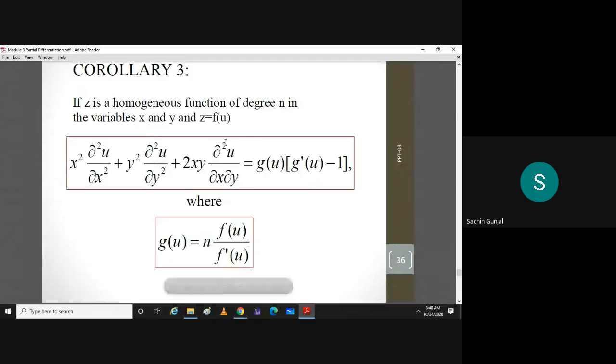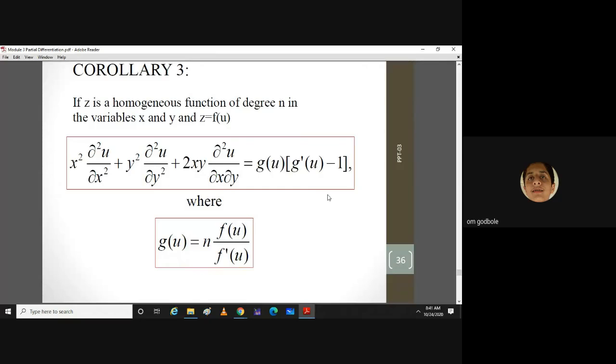For that example, n is 2, sine u upon its derivative cos u, so g of u is 2 tan u. So the value of this expression will be 2 tan u into (2 sec² u minus 1). You got the point? Yes, I got it, sir.